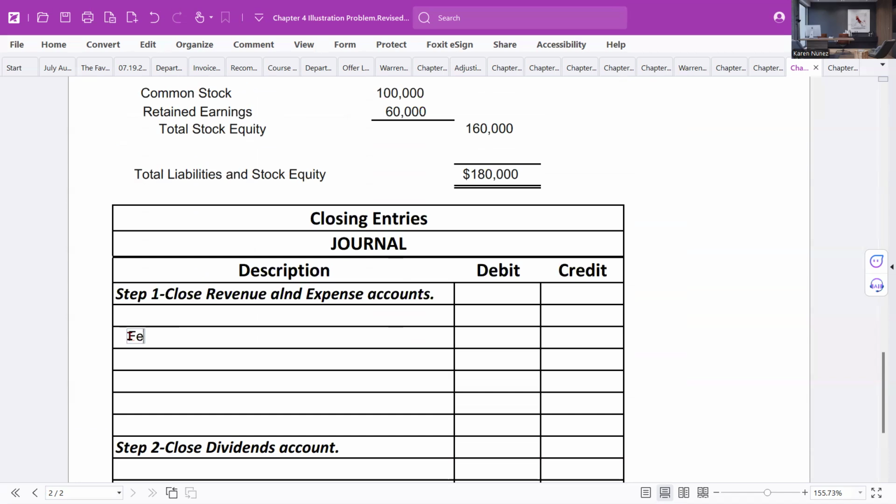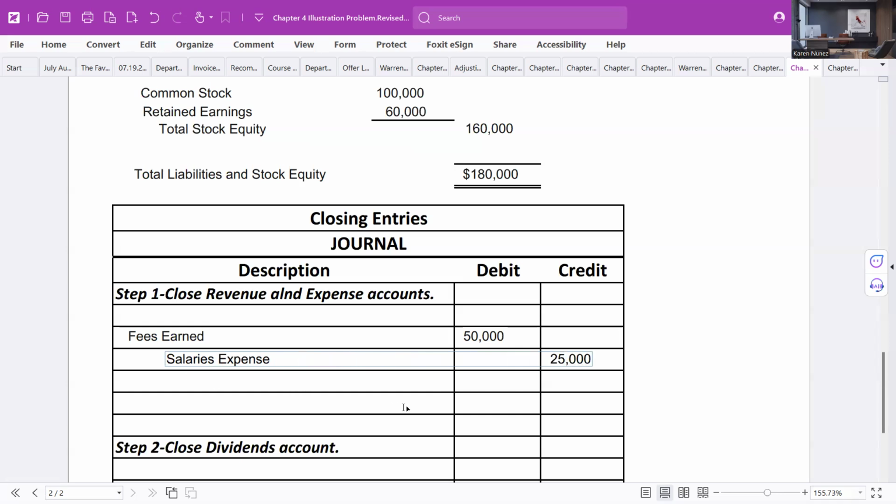So we're going to debit that fees earned account for the balance of 50,000. And then that salaries expense has a debit balance of 25,000. To close it out, we're going to credit it. So we're going to credit that salaries expense for 25,000.